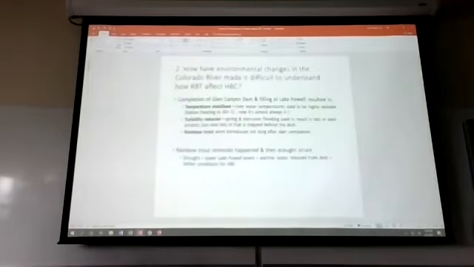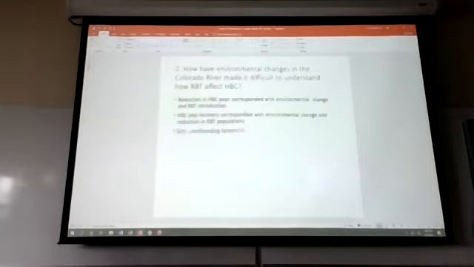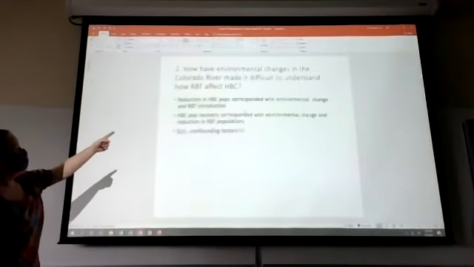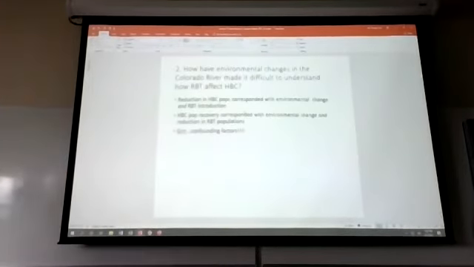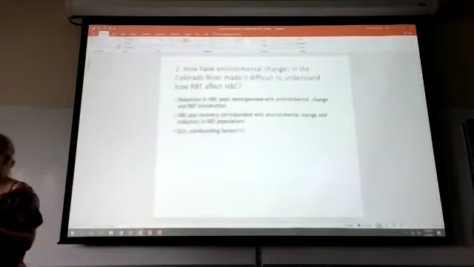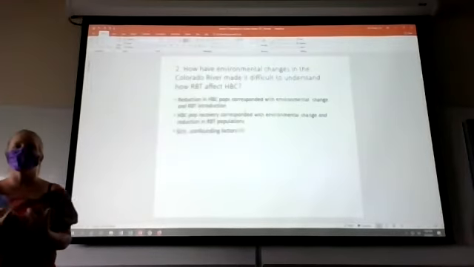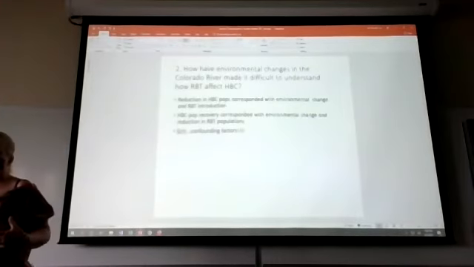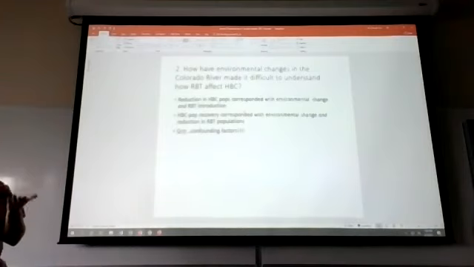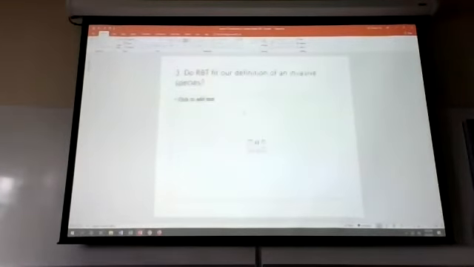So we saw changes in humpback chub corresponded with environmental change and the population. So now we have these confounding factors. We don't really know what's causing the changes. So that makes it hard to say, oh, this is the causal thing.